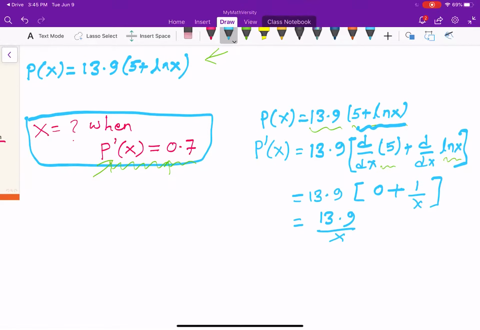Our goal is to see for what x value P prime of x will be equal to 0.7. So let me replace P prime of x by 0.7 here.